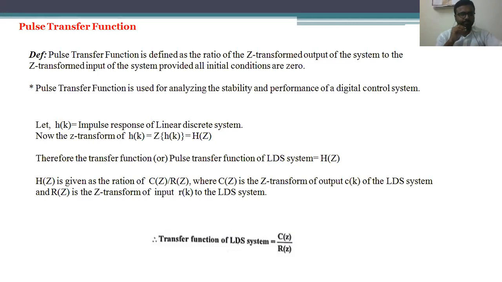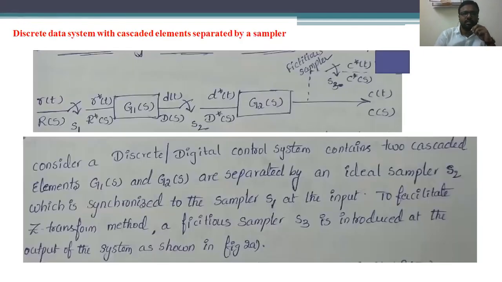Later, we are going to move to the next topic in the pulse transfer function, which is discrete data system with cascaded elements separated by a sampler. These are the subtopics of the pulse transfer function.